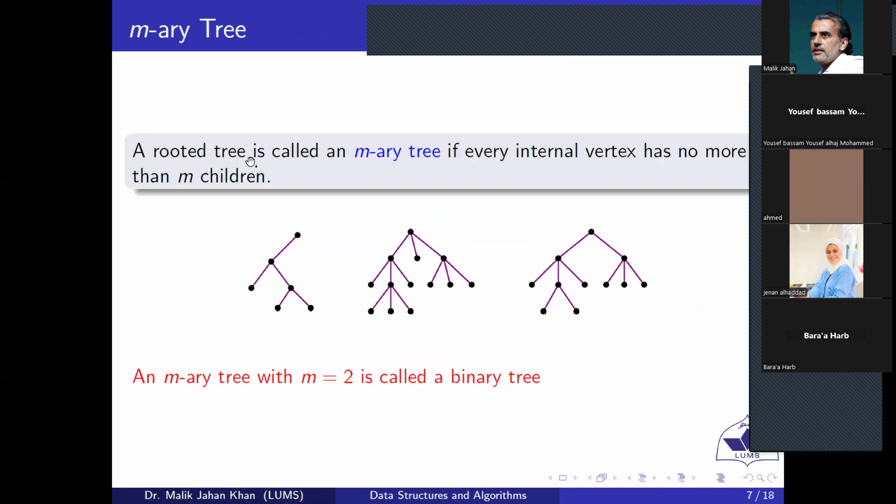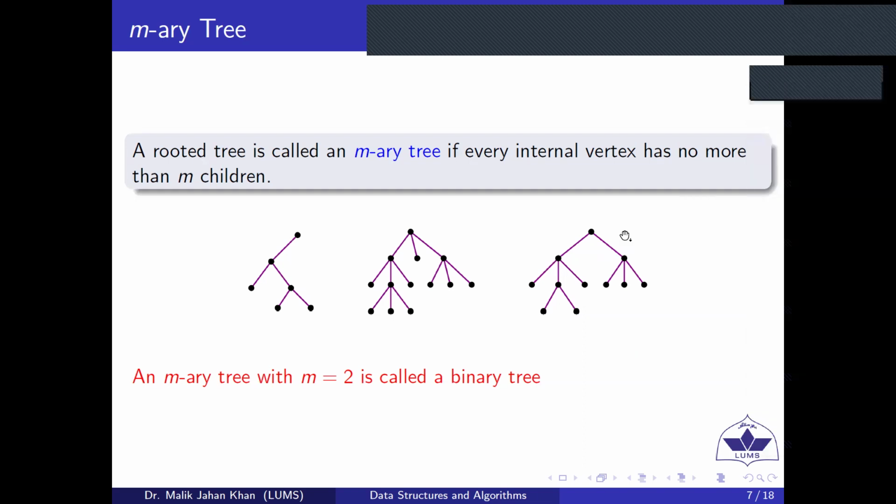So a rooted tree, when we say a rooted tree, we are talking about a simple tree which has one root, and it is called an m-ary tree if every internal vertex has no more than m children. So when we say m-ary tree, if you look at these 3 examples, m is different in these different examples.